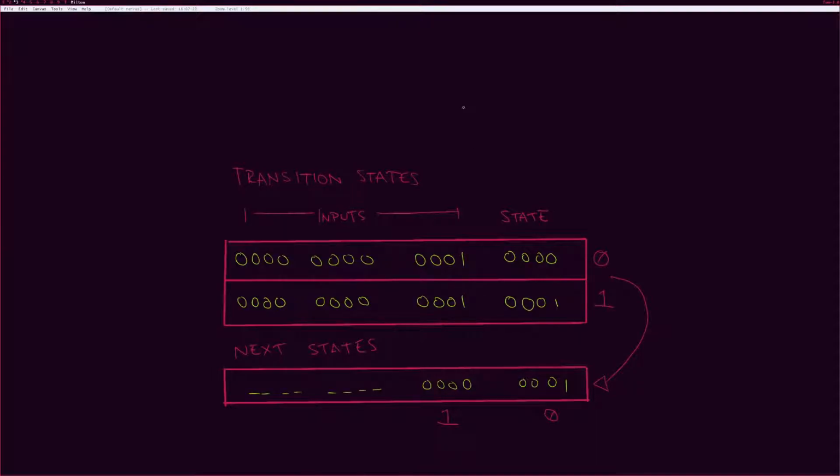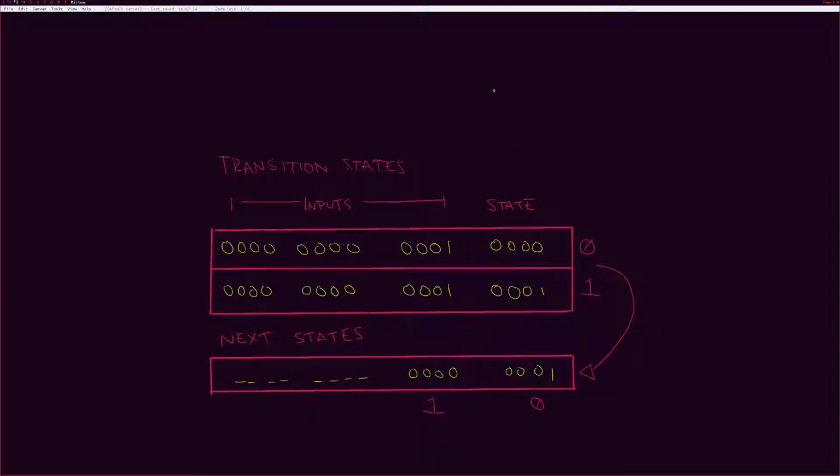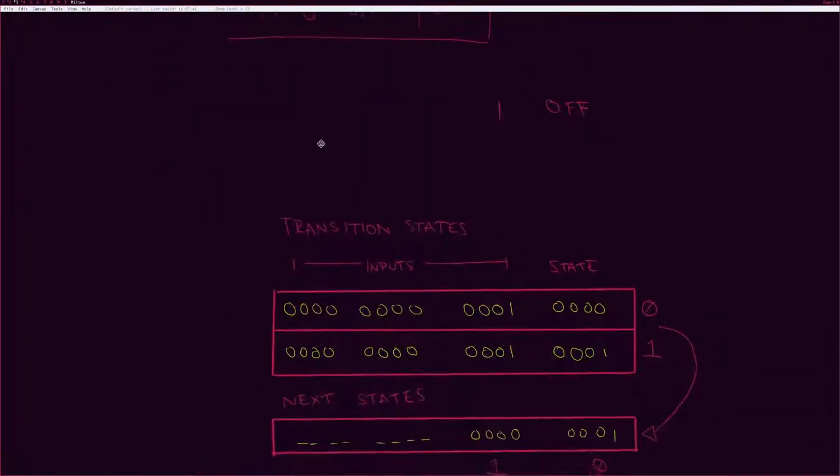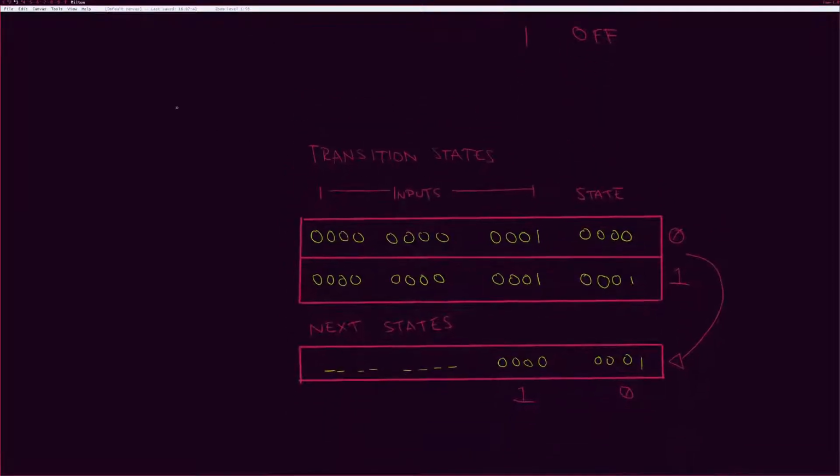But this is binary. So let's just imagine that the state here is off, and then these are the inputs, so this is x1, right? Let's go back to the original diagram that we had. Here, off, on, okay, x equals 1, very simple.